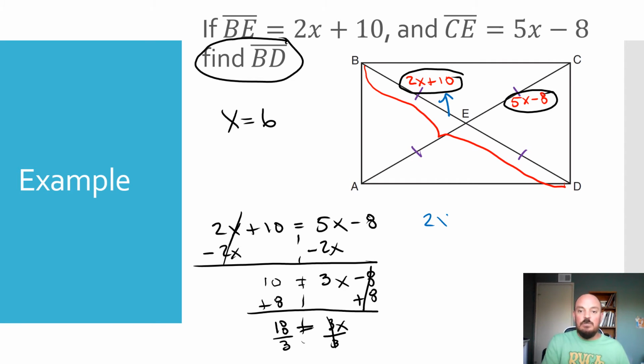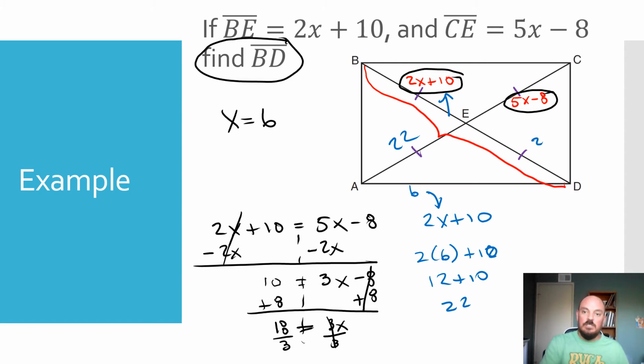So I'm going to take that 2x plus 10, and I'm going to substitute 6 for x. We just figured out that x is 6. So I have 2 times 6 plus 10. 2 times 6 is 12, and 12 plus 10 is 22. So I found out that BE is 22, but by doing that, what I actually found out is that all of these are 22. Because remember, they're congruent.